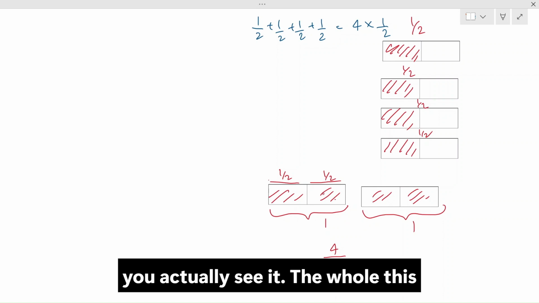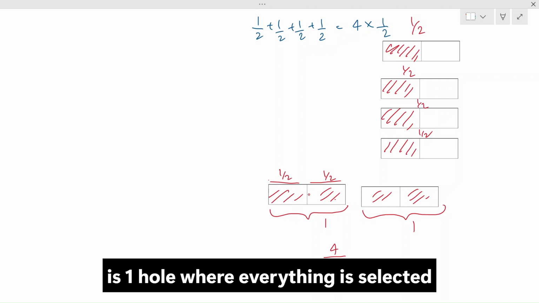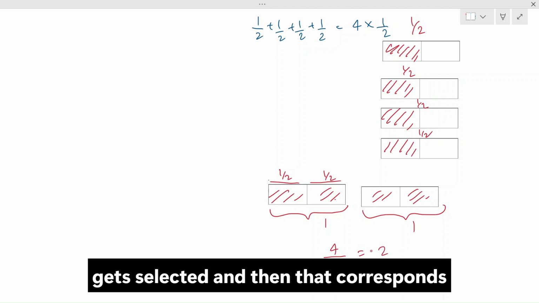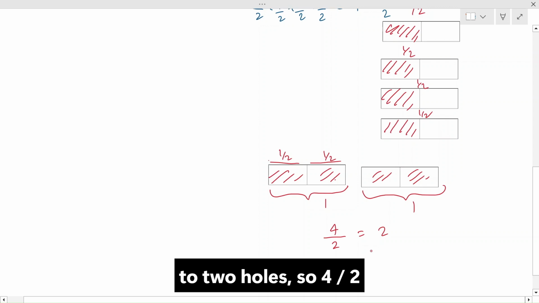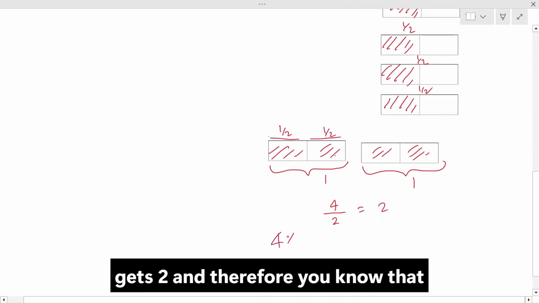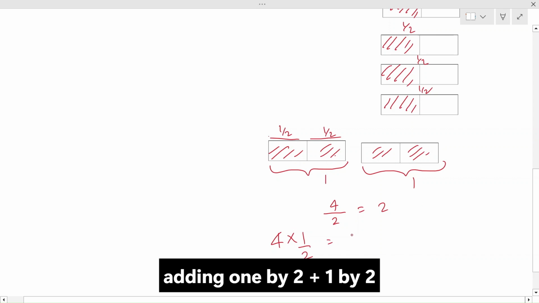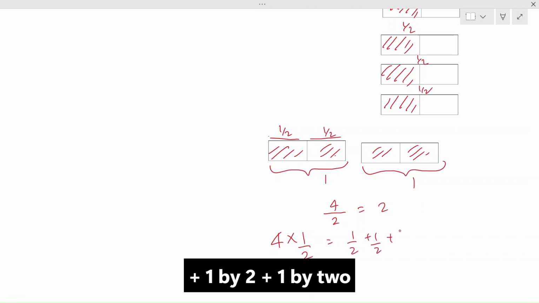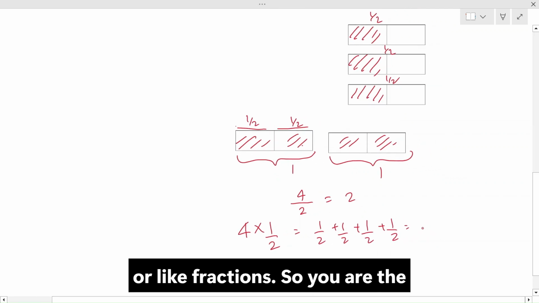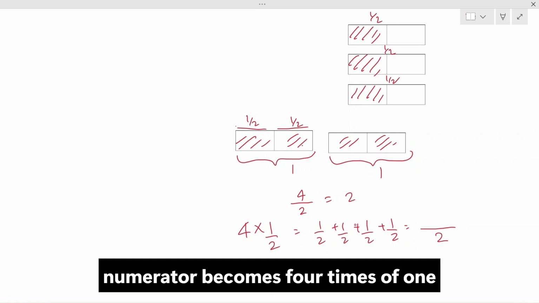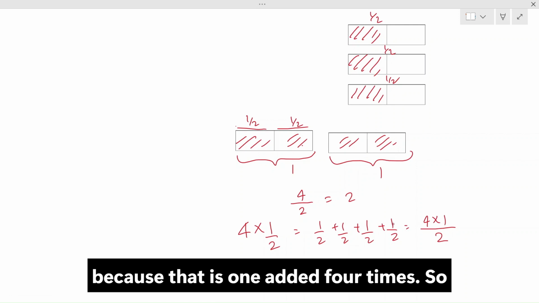But when you see it as a whole, this is one whole where everything is selected, and this is another whole where everything is selected, and that corresponds to two wholes. So 4 divided by 2 gives 2, and therefore you know that 4 times half is adding 1 by 2 plus 1 by 2 plus 1 by 2 plus 1 by 2, or like fractions. The denominator remains the same and the numerator becomes 4 times 1, because 1 is added 4 times.